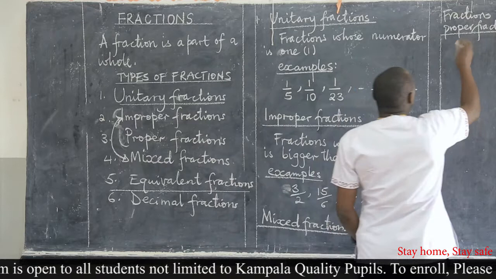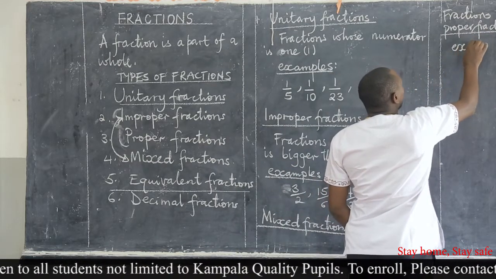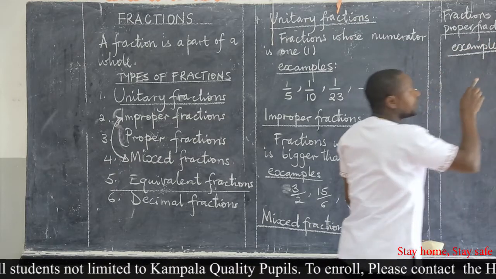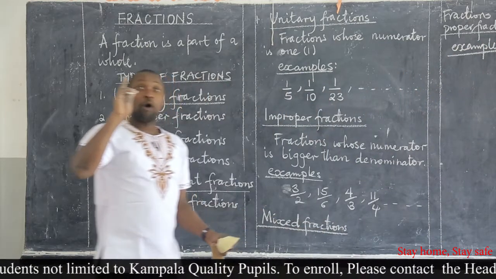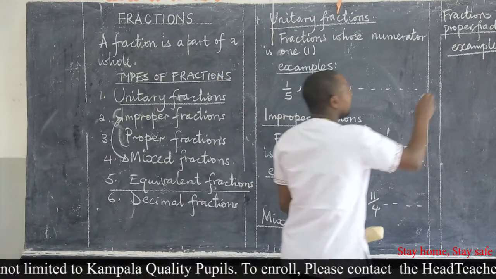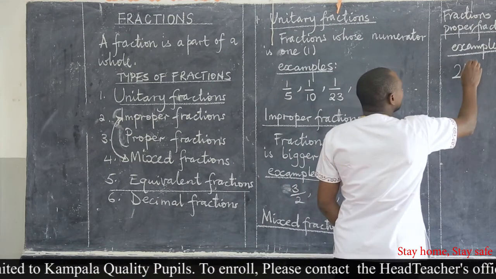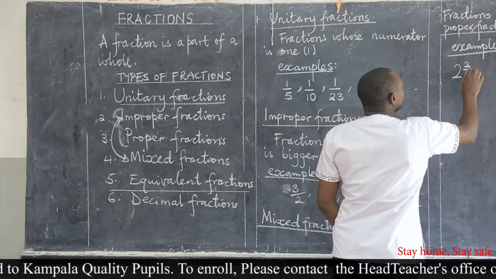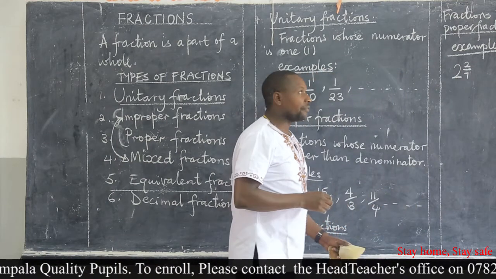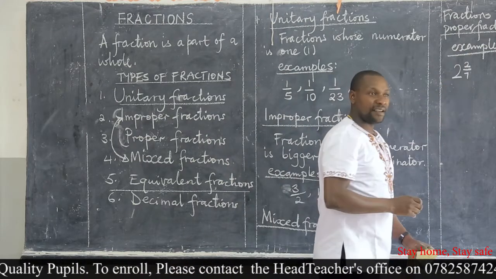So, somebody is asking for examples of mixed fractions. Because we have said a mixed fraction must involve a whole number and a proper fraction, somebody says 2 is representing a whole number and 2 out of 7 is representing a proper fraction. So we have 2 whole numbers and 2 sevenths.